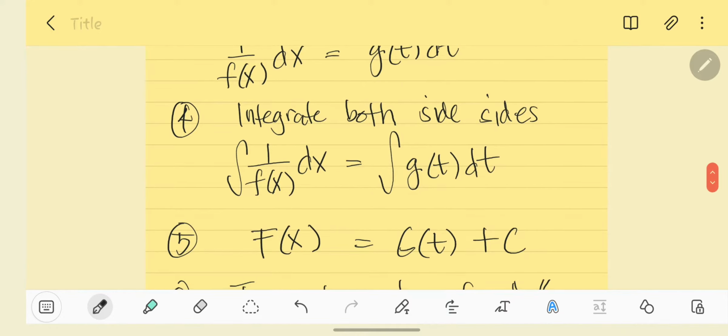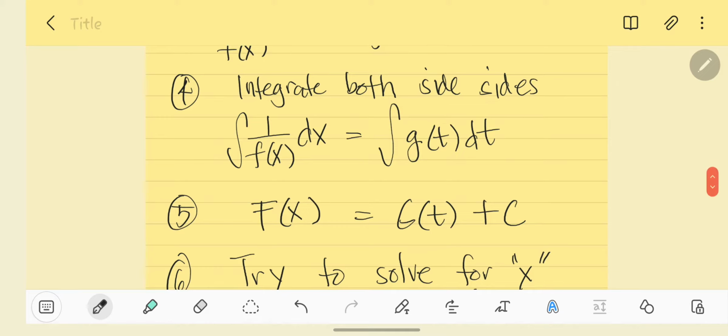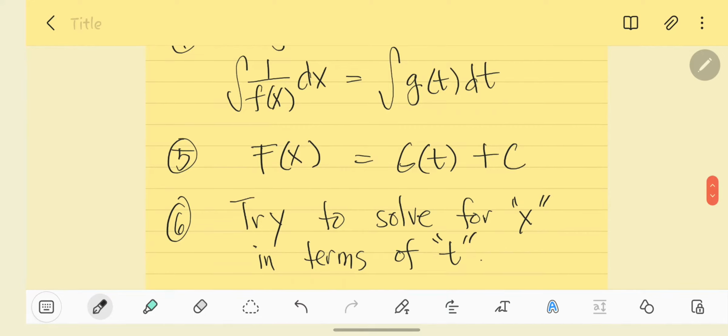And then after you integrate, you should obtain the following: F of x is equals to G of t plus c. And then try to solve for x in terms of t.